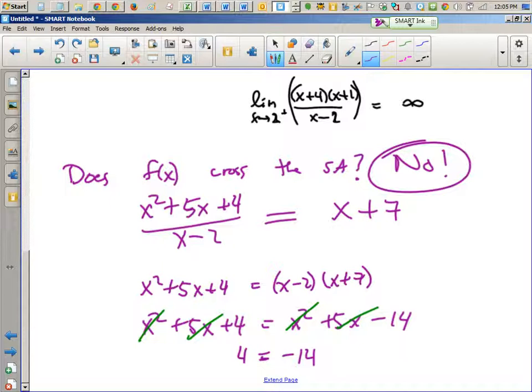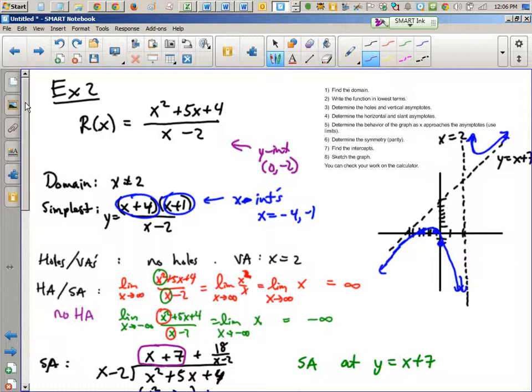And then I want to say one little thing. None of the ones I did have holes in them, and I don't think many of the ones in the book do either. But if there is a hole, it's really easy to work with. It doesn't make the problem any harder at all. If there had been a hole, let's say at x equals 5, then there would have been an x minus 5 both here and here. The graph would look exactly like it does now, except out at x equals 5, there would be a little open hole.